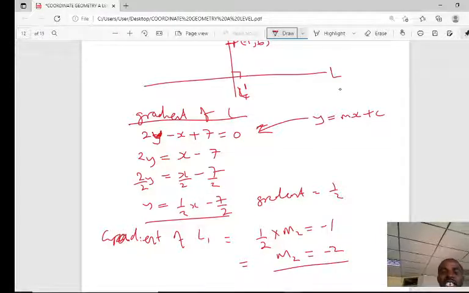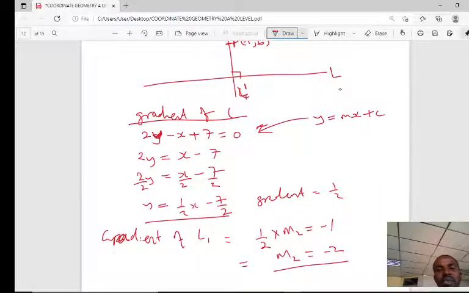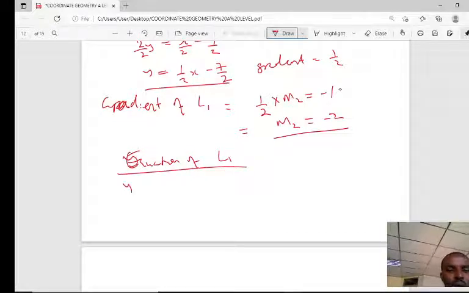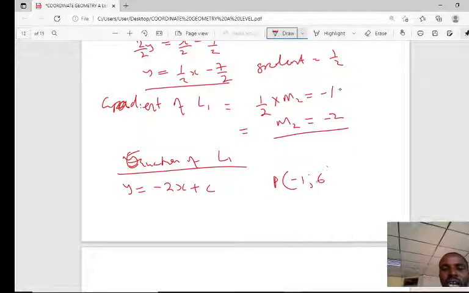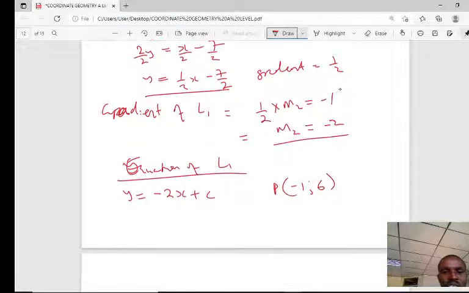Then we have the point P, which is (-1, 6), and gradient minus 2. Let's find the equation of L1. It will be y is equal to minus 2x plus c, and the point is (-1, 6).